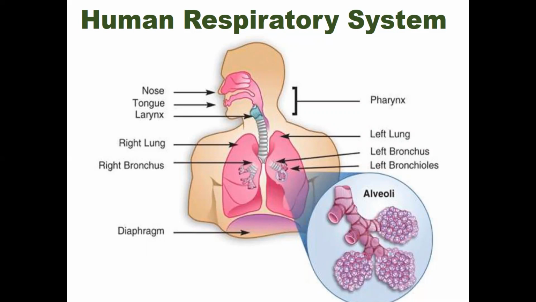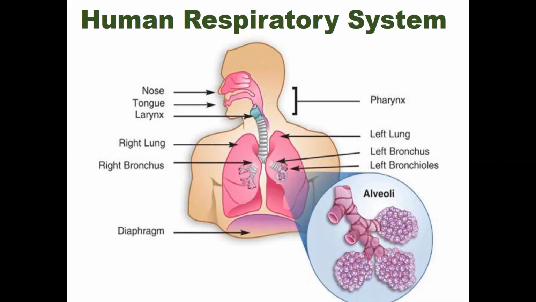The main respiratory organ here is the lungs, and all other organs help the lungs to function, to make the respiration, the breathe in and breathe out mechanism, continue, and keep the lungs functioning properly.